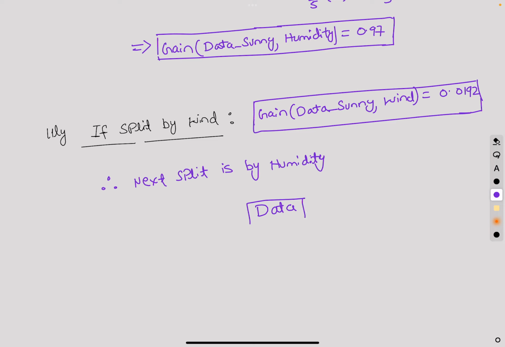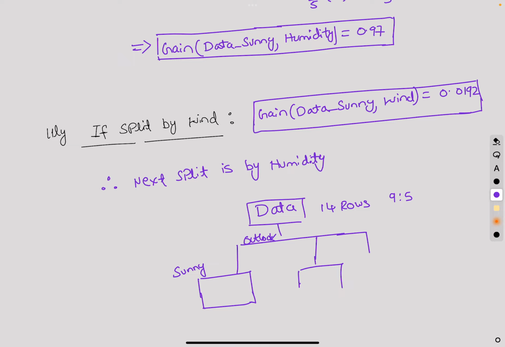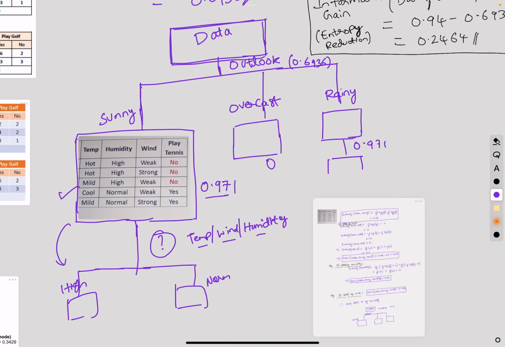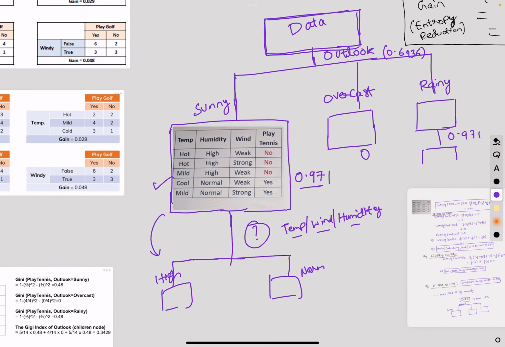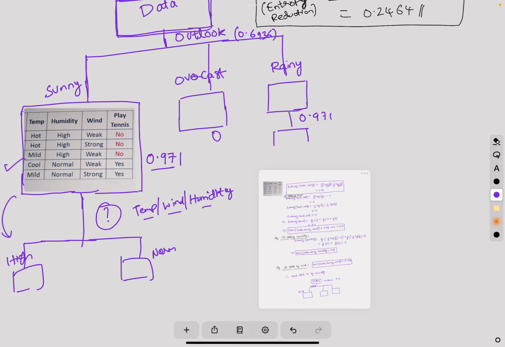Initially, I had data with 14 records and the class distribution was 9 to 5. That got divided into three subsets, where the first subset belongs to outlook as sunny. Next I would have overcast and rainy.